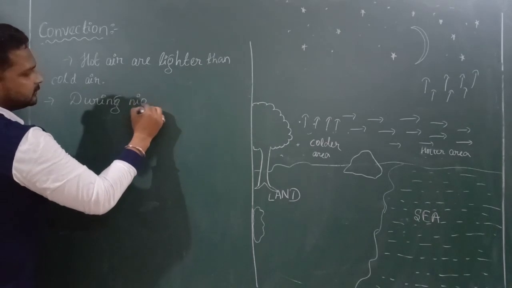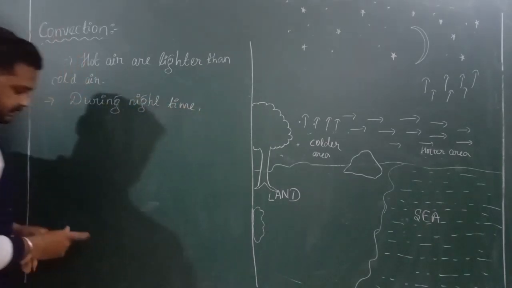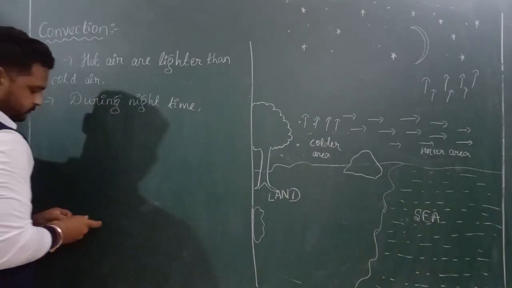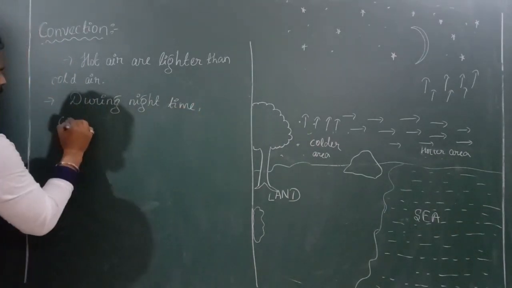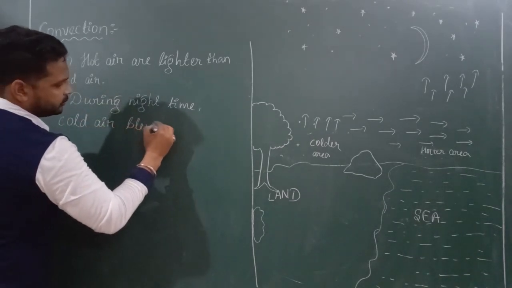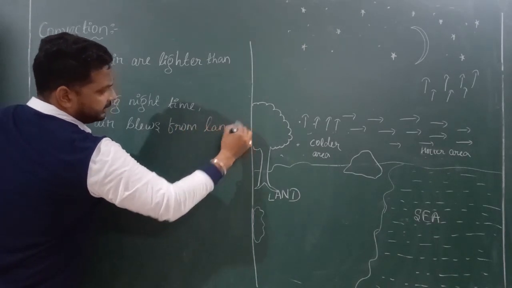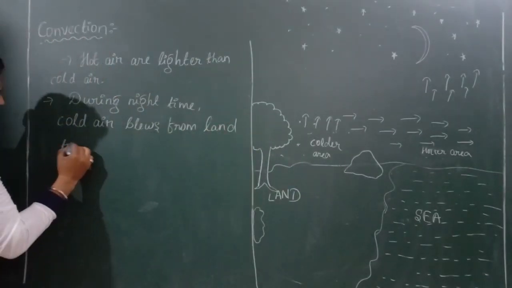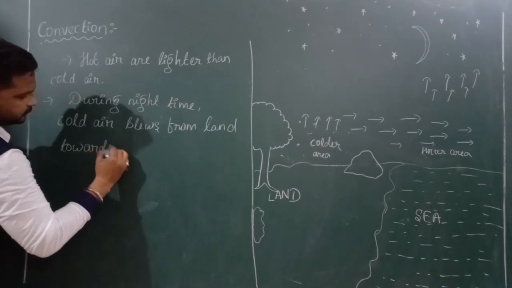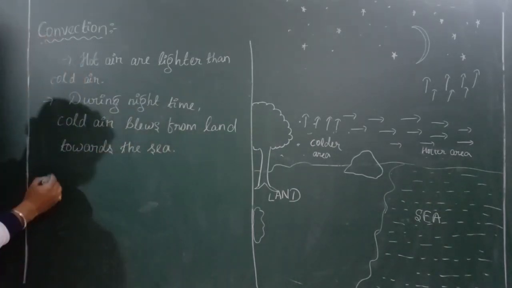So we can say during night time, cold air blows from land towards the sea.